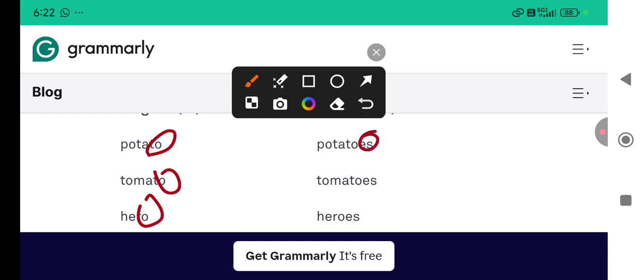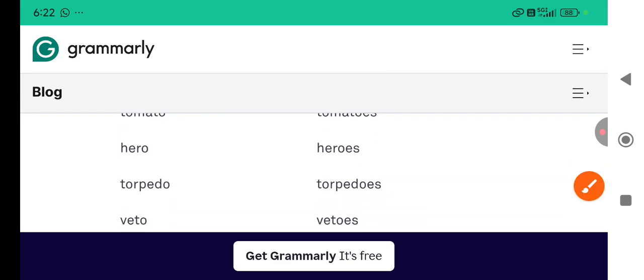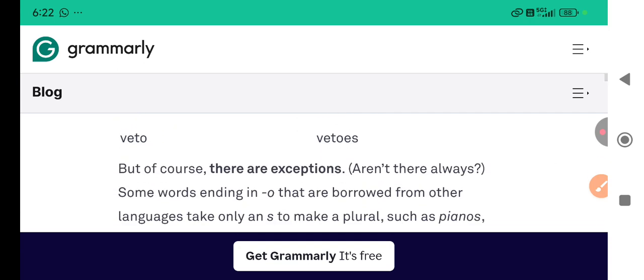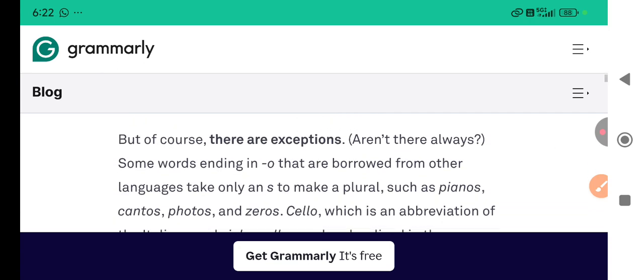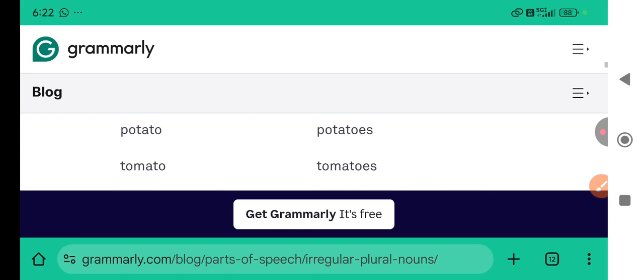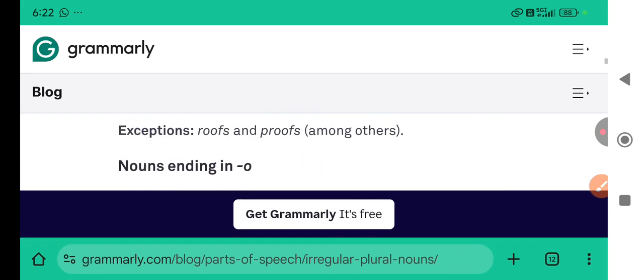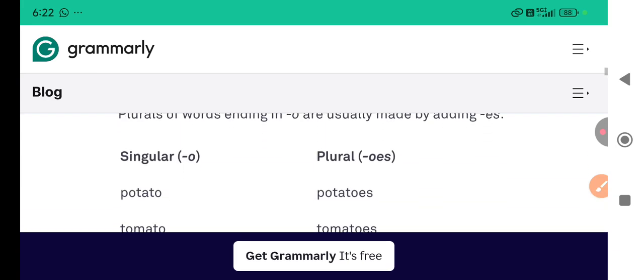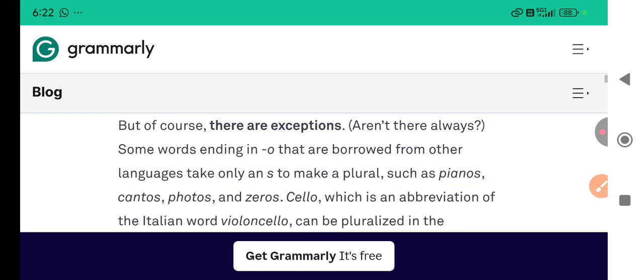You have to add es: potatoes, tomatoes, heroes. Similarly, torpedo, torpedoes, vetoes. But of course, there are some exceptions. We have to remember roof and proof. Similarly, there are other rules, and there are always exceptions.